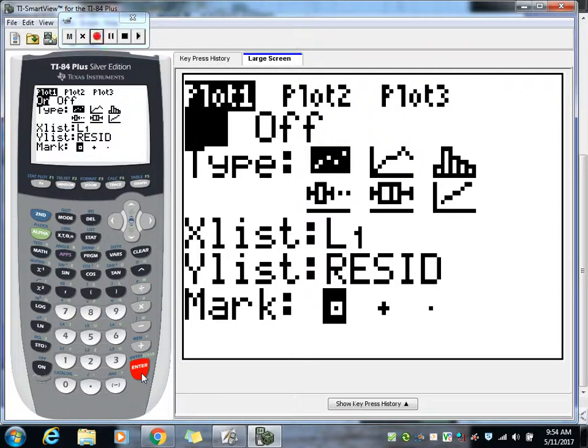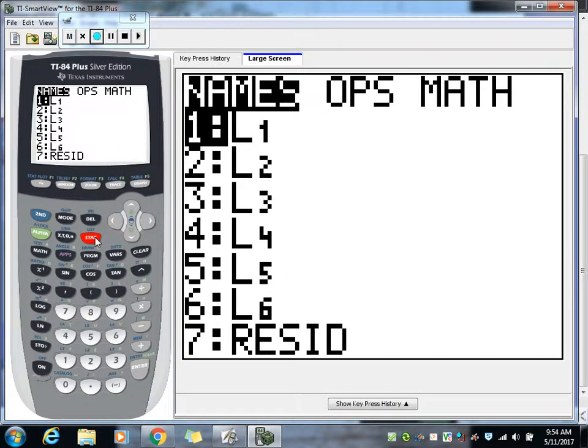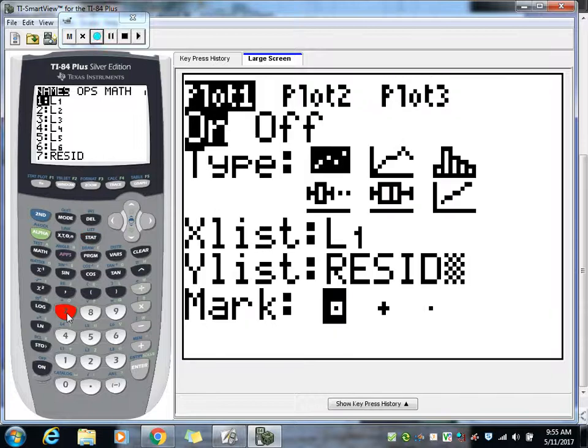You want your X list to be your L1, and your Y list to say residual. So we go down, then you want to hit second, stat, choice 7 is your residual. Second, stat.